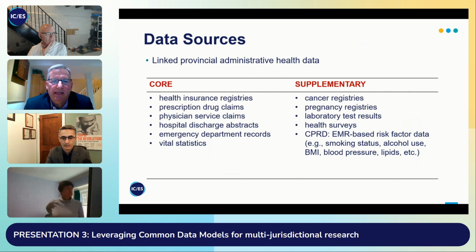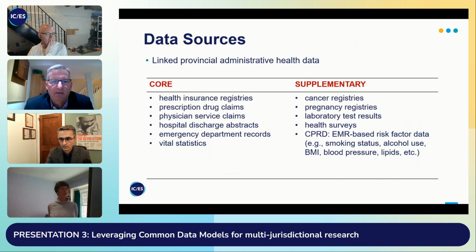So when we talk about the linked provincial administrative health data, we're really talking primarily about the data sets listed on the left-hand side here. So these would be the provincial health insurance registries in Ontario. That would be the OHIP Registered Persons Database, our provincial drug claims, physician service claims, hospital discharge abstracts, emergency department records, vital statistics, same-day surgery records. Those would be our core administrative health data.